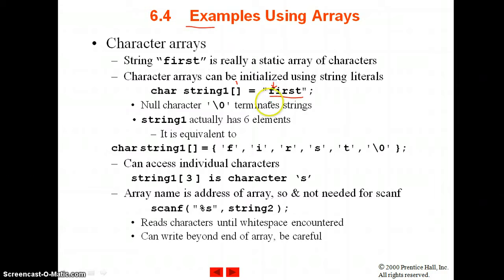So F is stored at the 0th position, I is stored at the first position, R at the second position, S gets stored in the third place, and T at the fourth place in the character array. In this case we have declared the type of array as a character array.